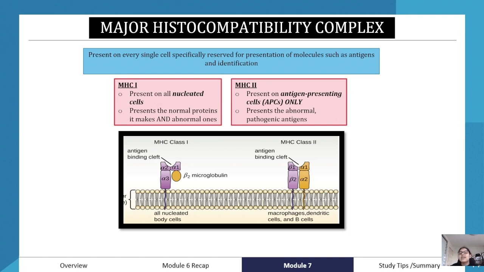So this is the process now, where I introduce you to a concept called the major histocompatibility complex. It is present on every single cell surface, and it's specifically reserved for the presentation of molecules such as antigens and identification.